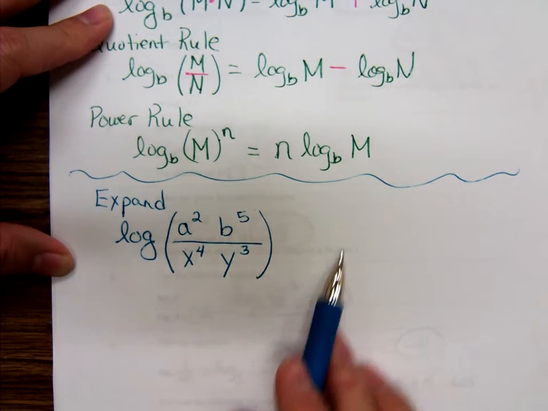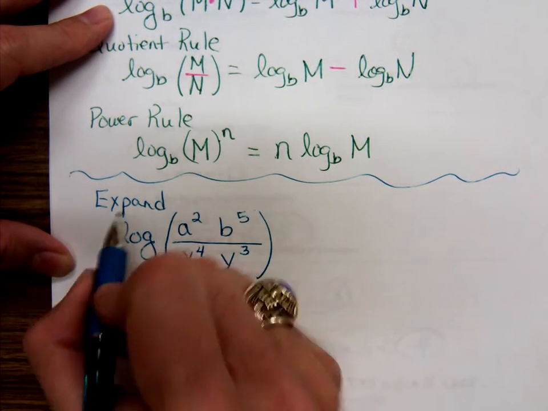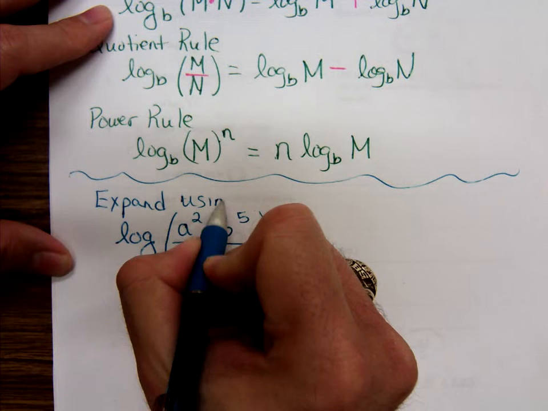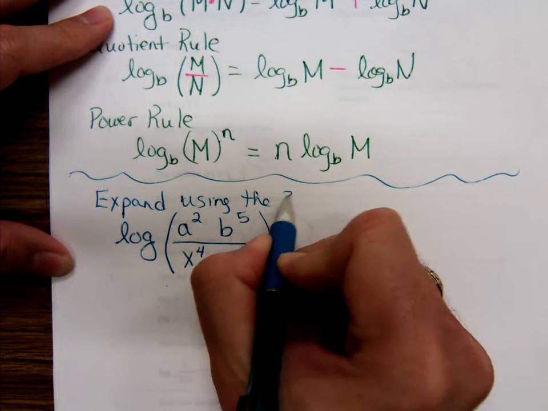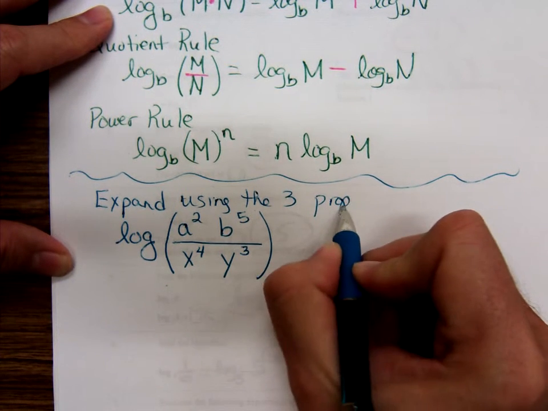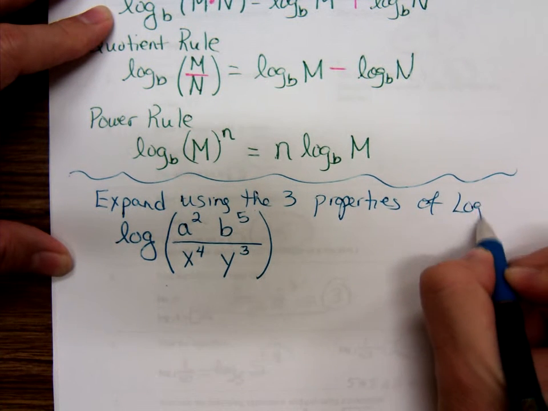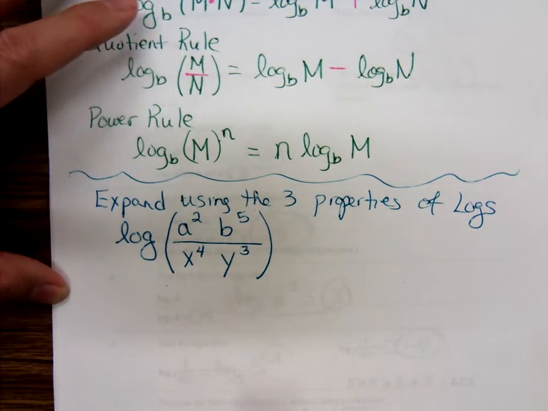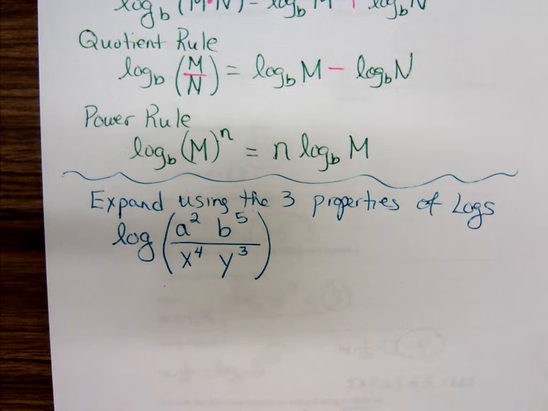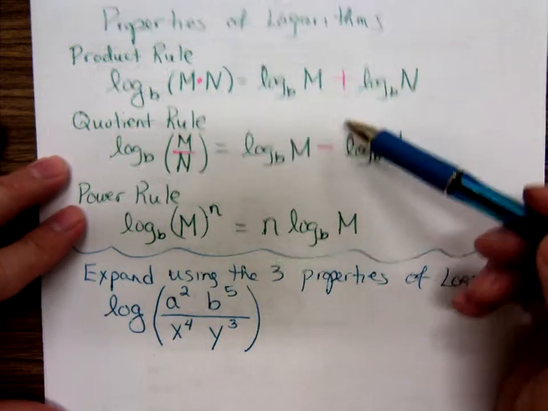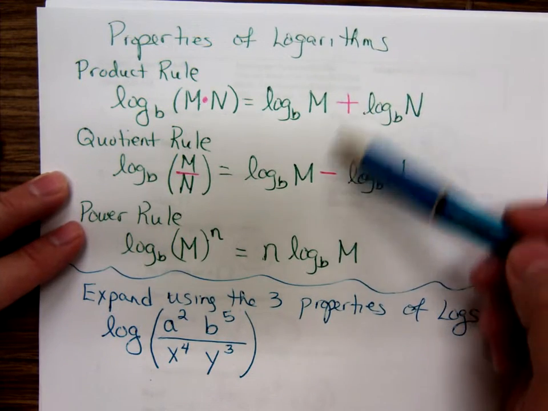And when I say expand it, I mean we're going to use the three properties of logarithms. Another way these instructions might appear, instead of using the word expand, it might say, write it as sums and differences, okay?